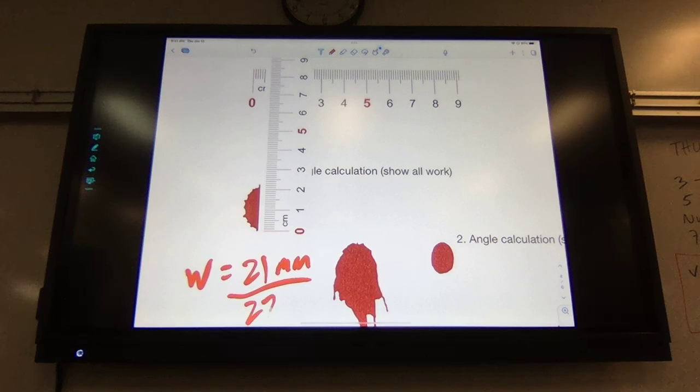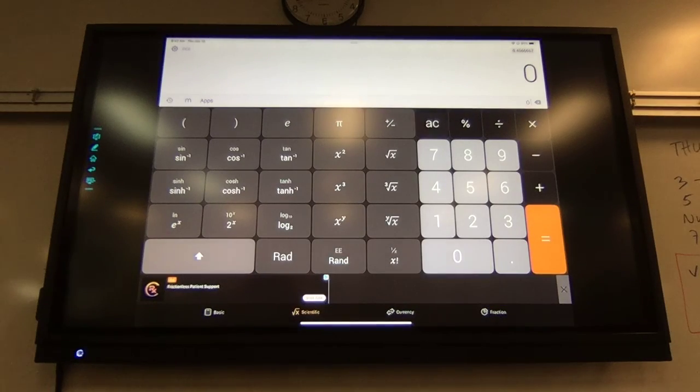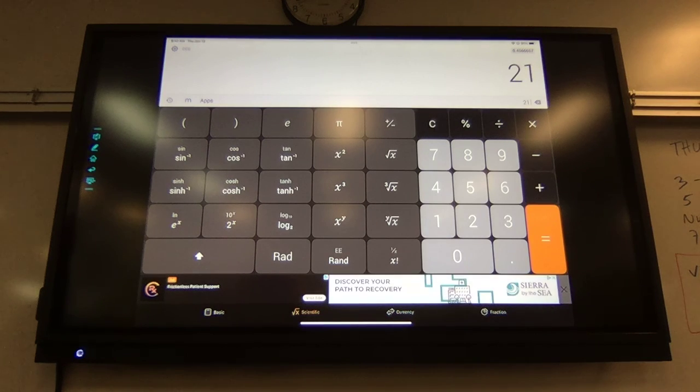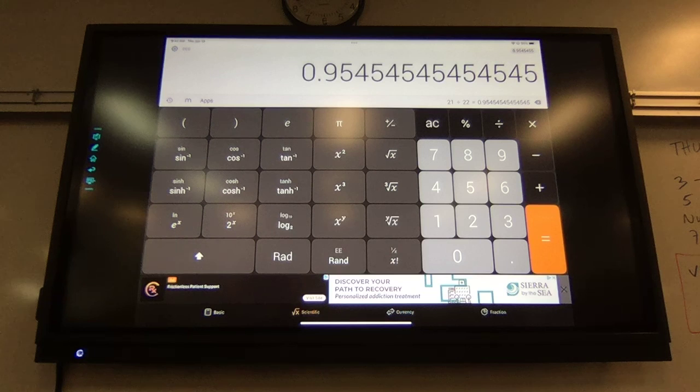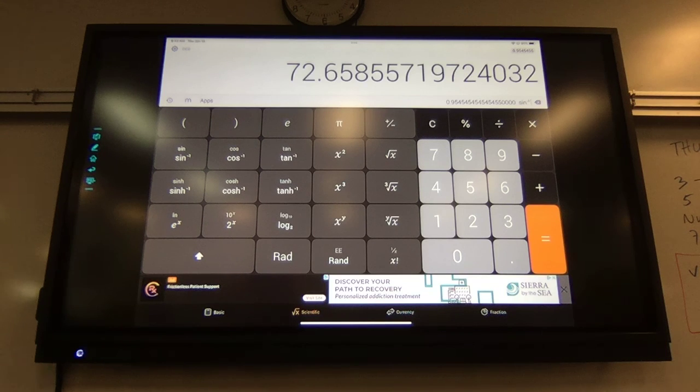And then the length, 22 millimeters. 21 divided by 22 equals, I'm already in the sine minus 1, so I don't have to hit the shift key. In this case, it's already shifted. So sine minus 1, that's a 73-degree angle.